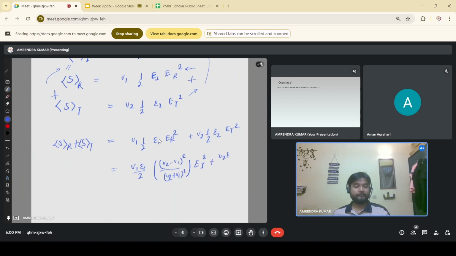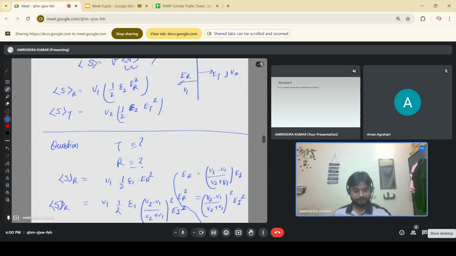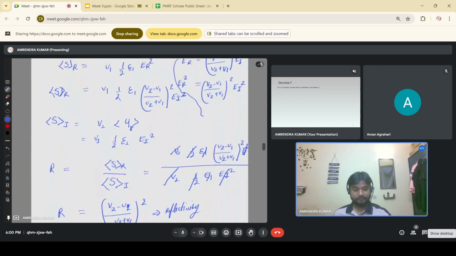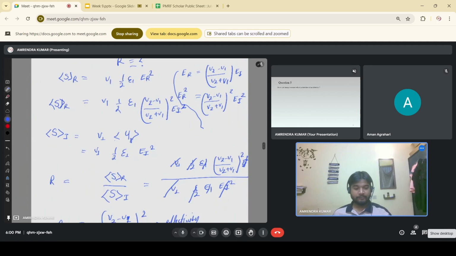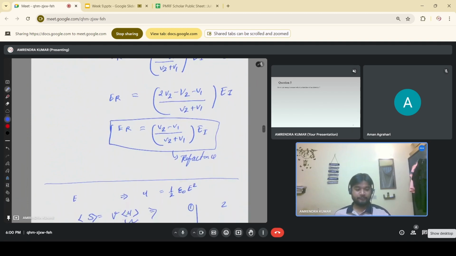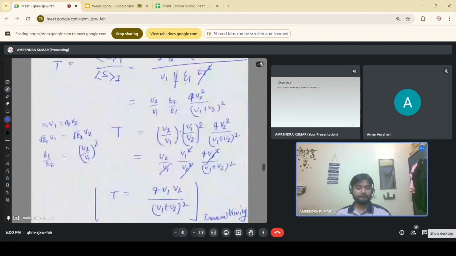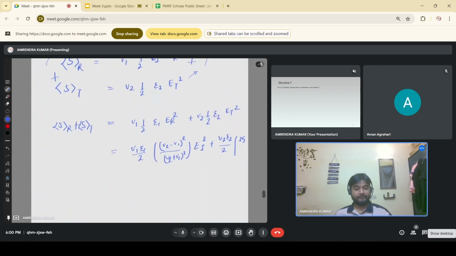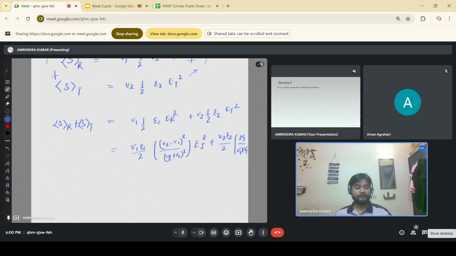Similar thing, V2 epsilon 2 by 2. E_T was written as 2V2 over V2 plus V1, so we can have 2V2 over the square of this, and then E_I square.